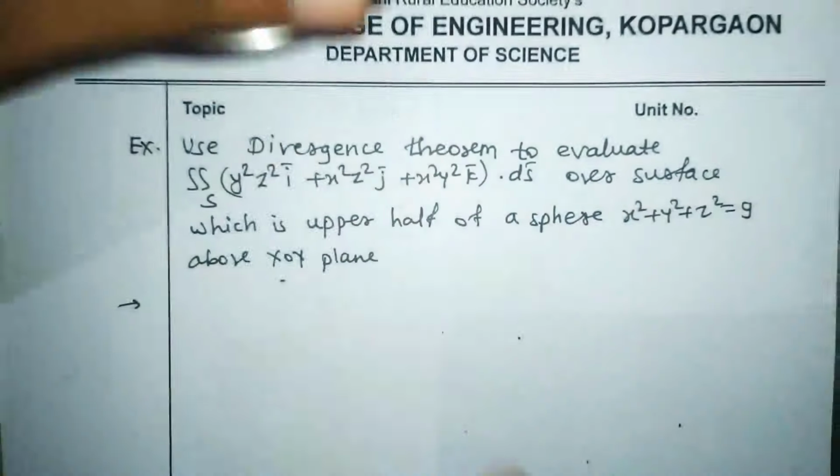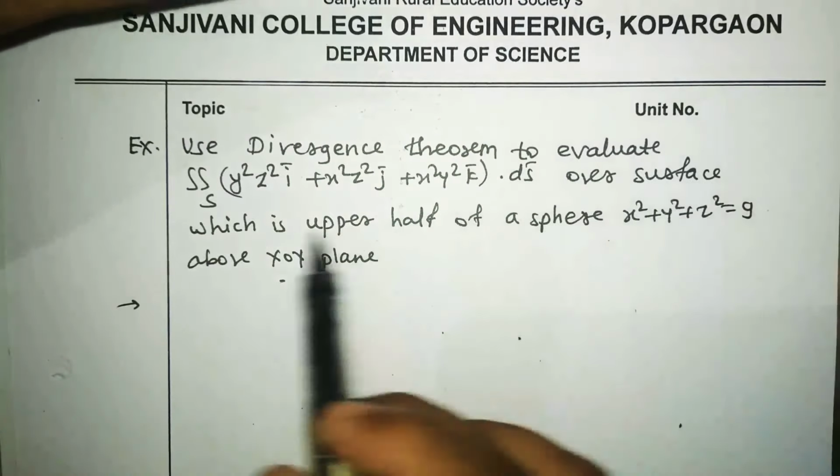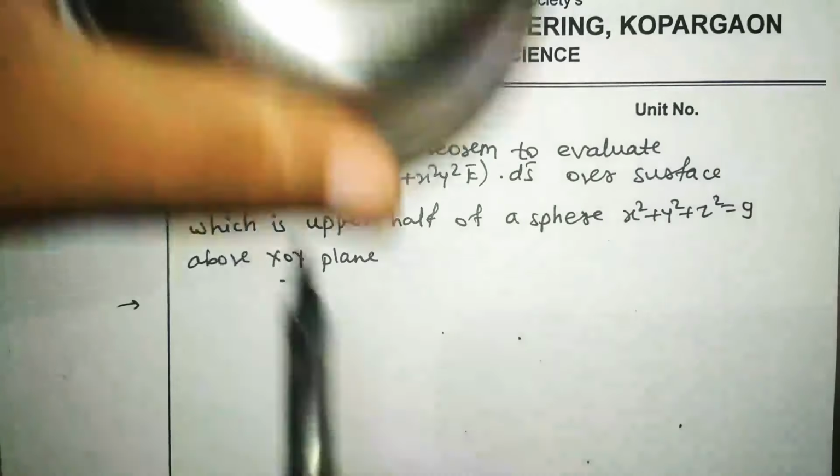Now to close this shape, we have to close this plane surface also, so that we can apply the Gauss divergence theorem here. We have to evaluate this double integration over only the surface of the sphere, and that is the curved surface.